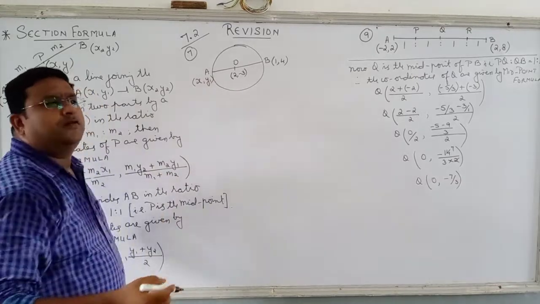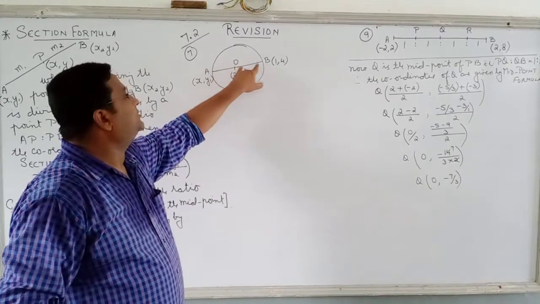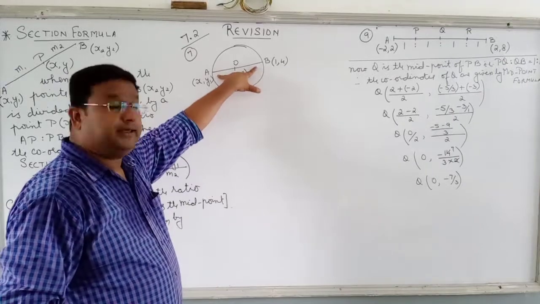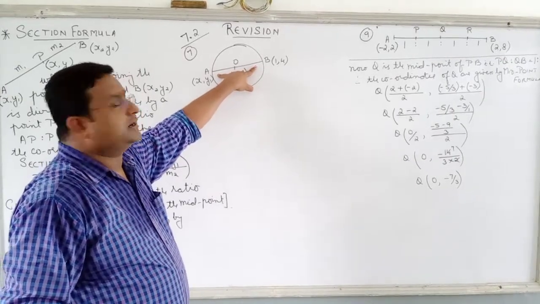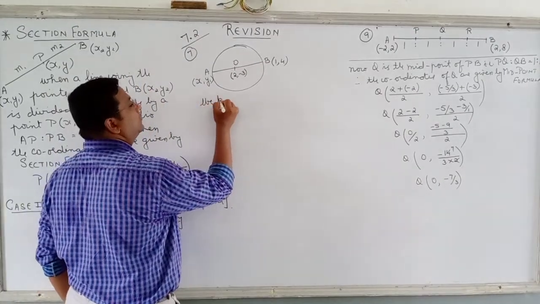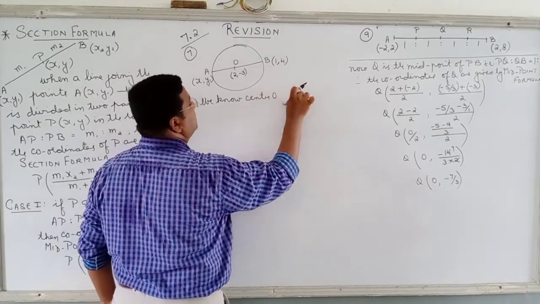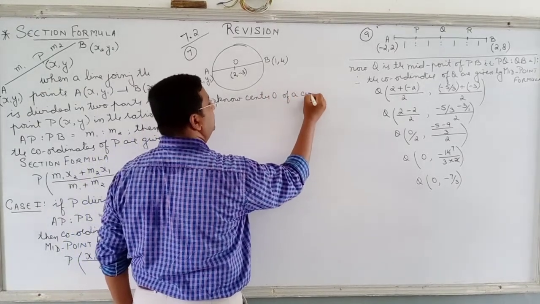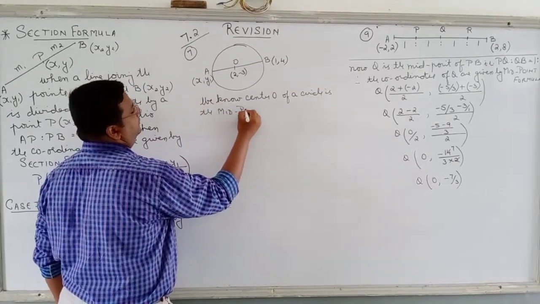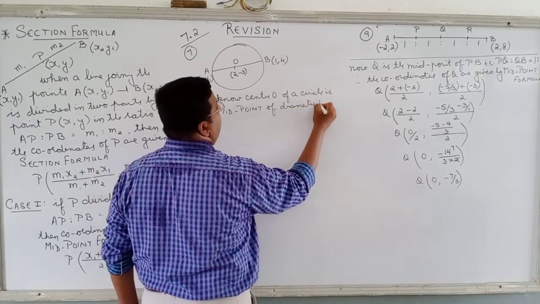We all know that O is the center of the circle, OA is the radius, OB is the radius, both are equal. Can I say this O is the midpoint of AB? That is, the center of the circle is the midpoint of the diameter. We know the center O of a circle is the midpoint of diameter AB.